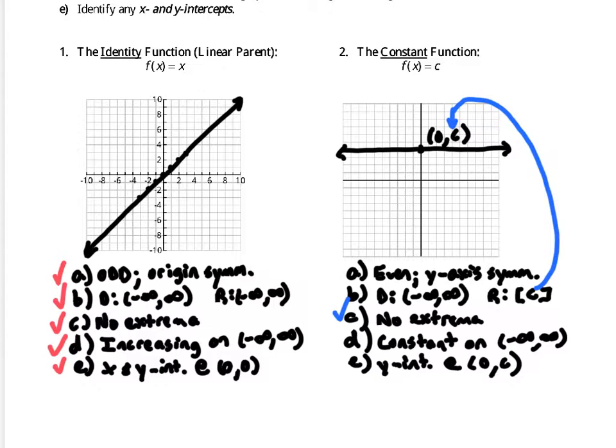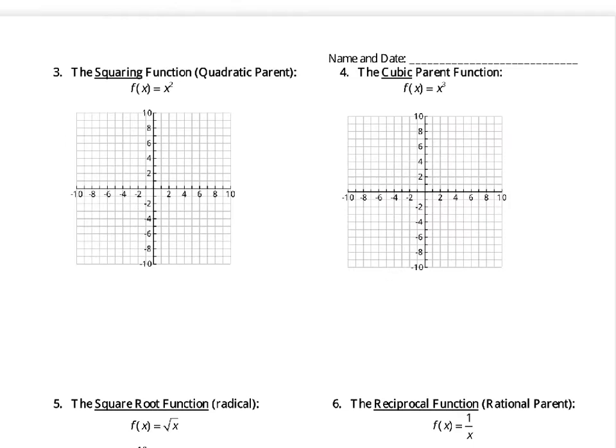It is a constant function, as the name suggests, so it will be constant the entire domain, negative infinity to infinity, and it does not have an x-intercept unless, of course, it ends up being a line on the x-axis. But in any other scenario, the y-intercept will be wherever it crosses that y-axis.